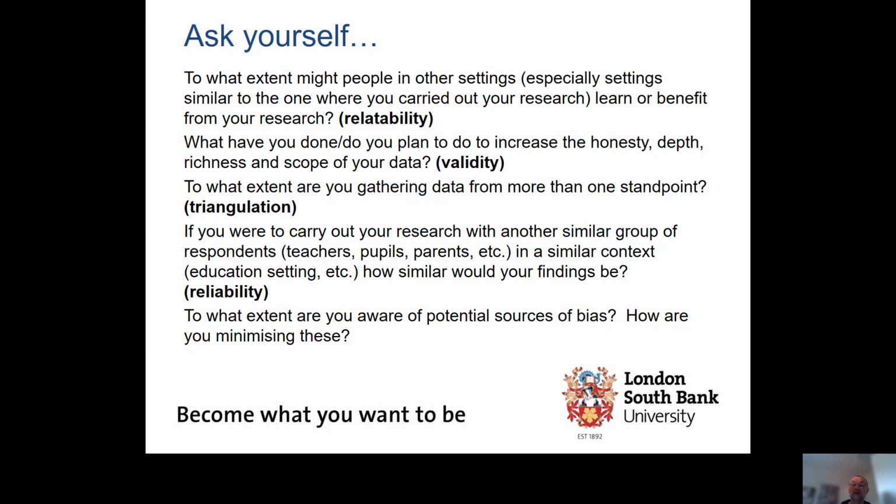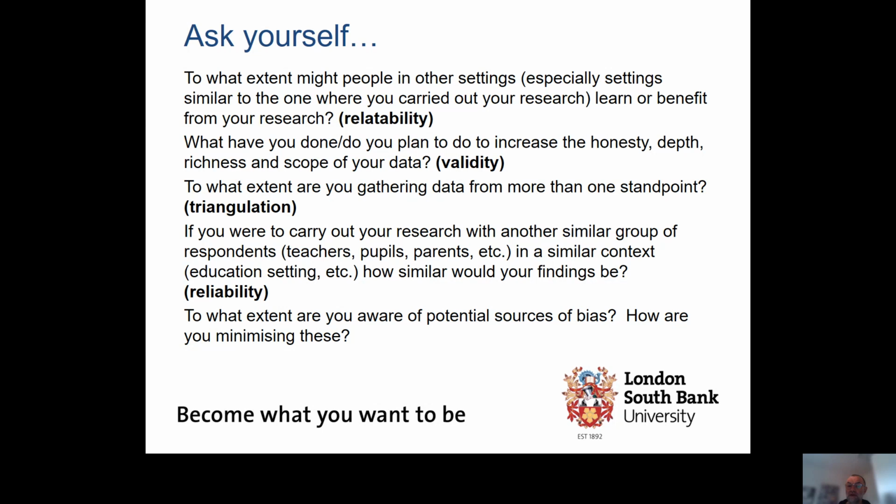That's about validity. To what extent have you gathered data from more than one standpoint or more than one angle? And finally, if you were to carry out your research with another similar group of respondents, teachers, pupils, parents, in a similar context, how similar would your findings be? Okay.